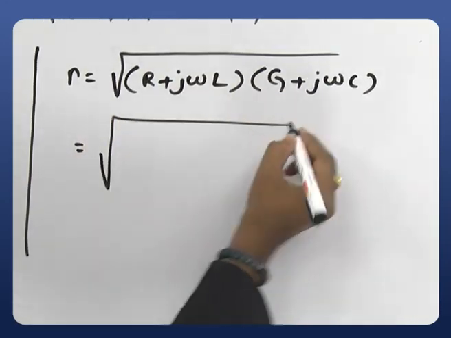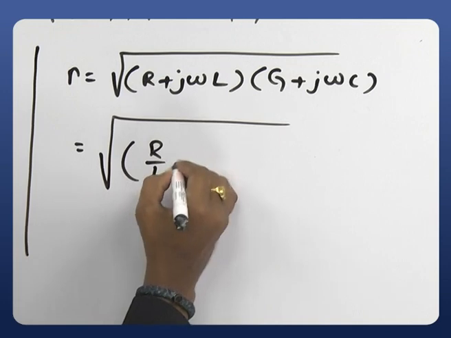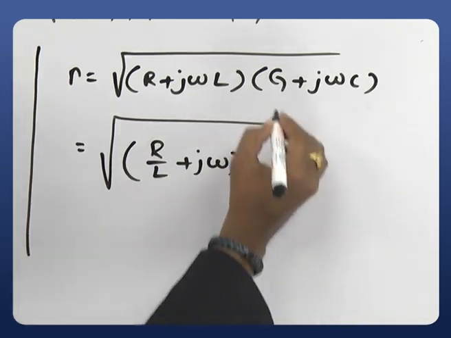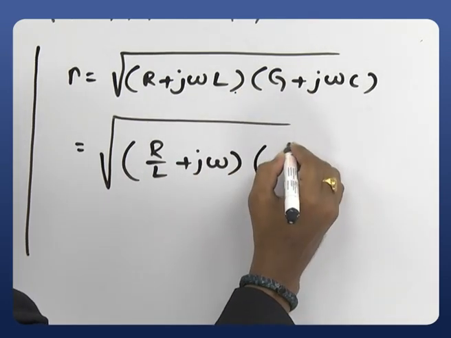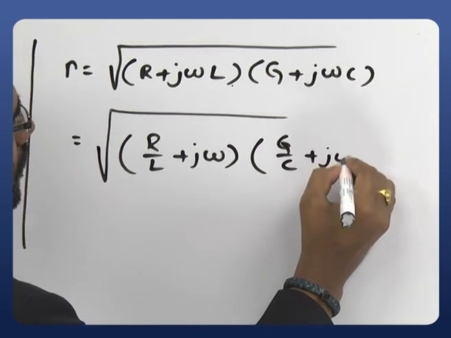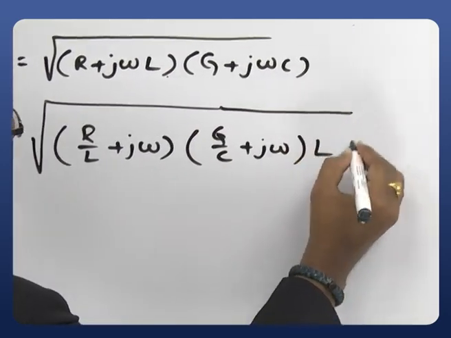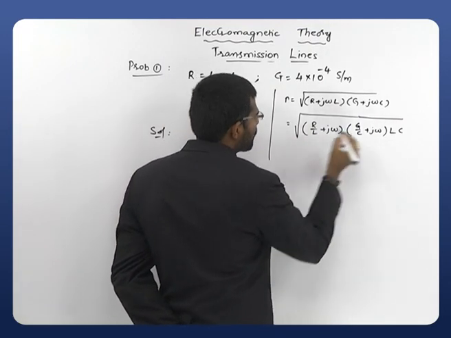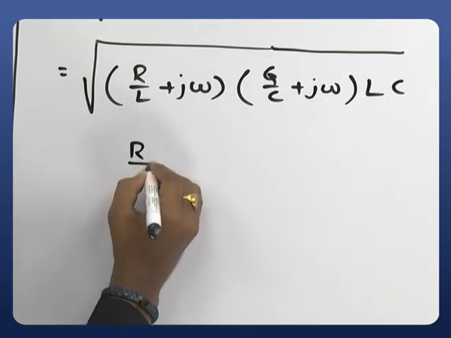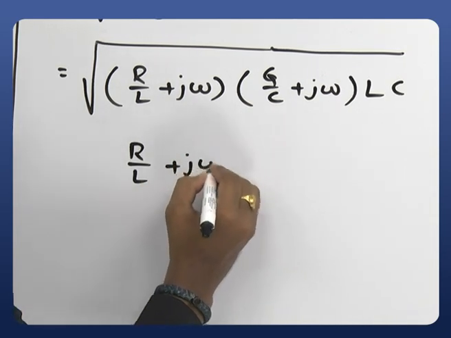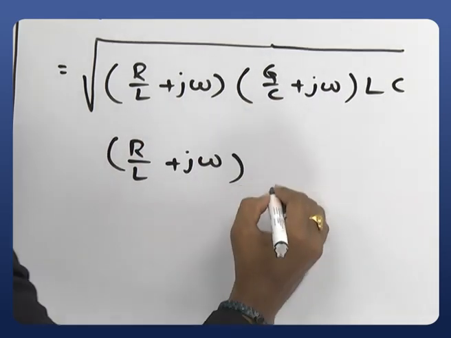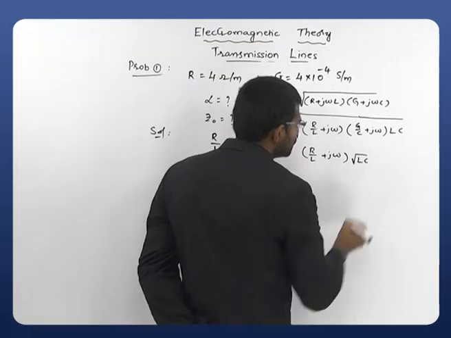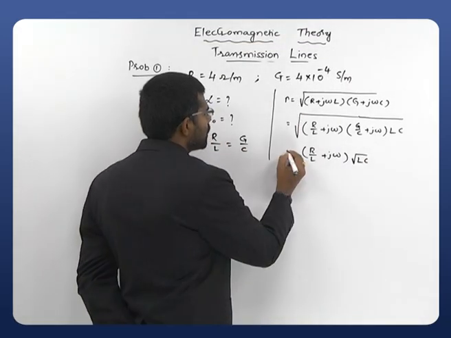Then you will get (R by L plus j omega) and (G by C plus j omega), multiplied by L into C. As R by L is equal to G by C, these two are the same, so from the root you can bring them out: (R by L plus j omega) times root LC. That's what we have here, which is nothing but gamma.